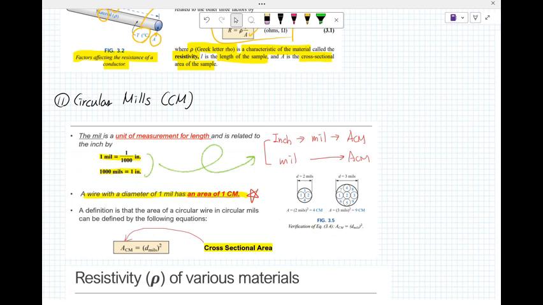Again, the mil is a unit of measurement for length, and it relates to the inch, so you can convert between the two. 1 mil is equal to 1/1000 inch, and 1 inch is equal to 1000 mils.